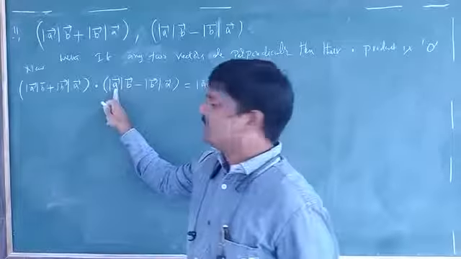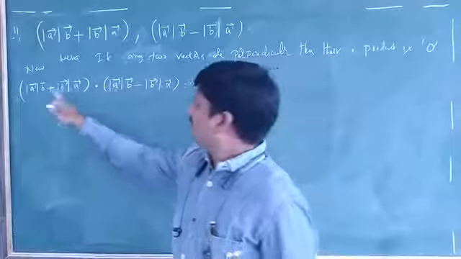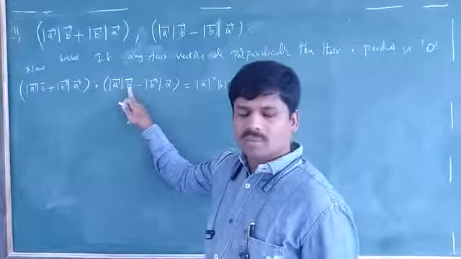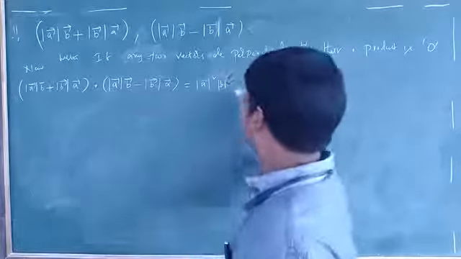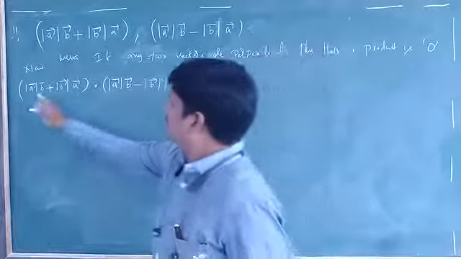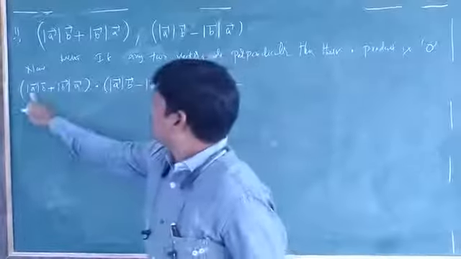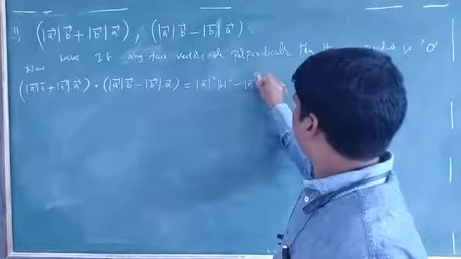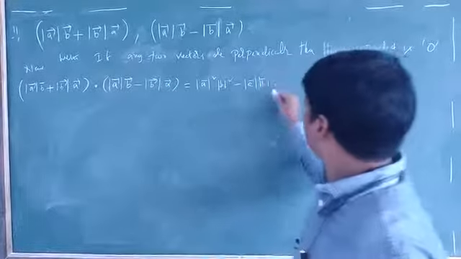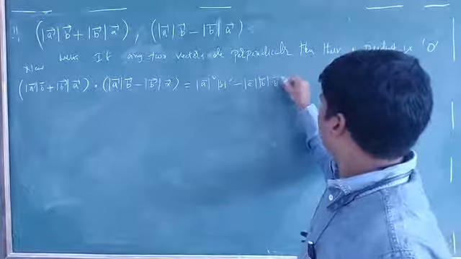Next minus mod a bar, mod b bar, b bar dot a bar.